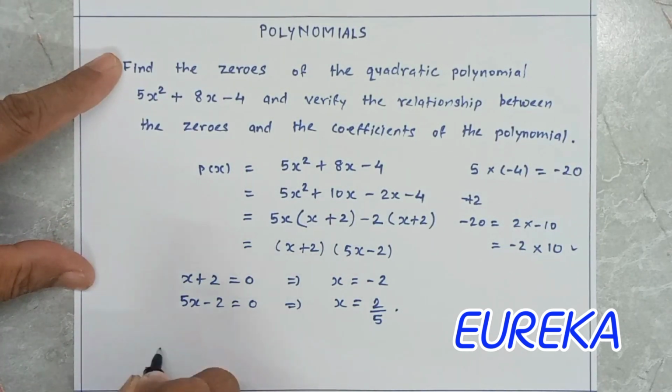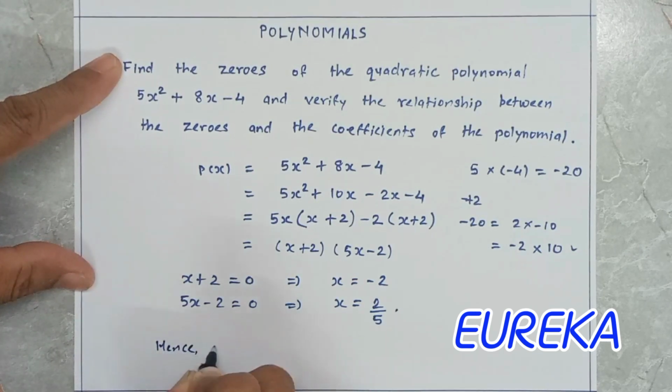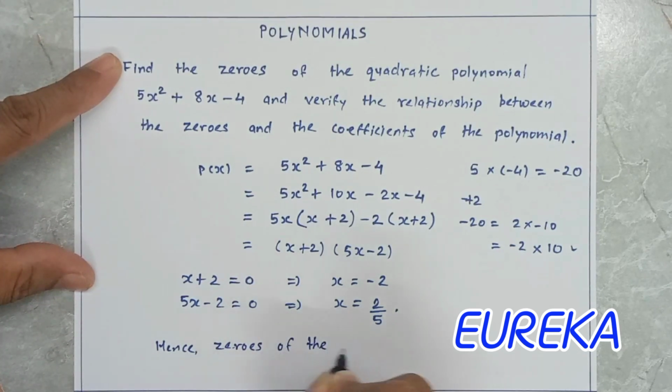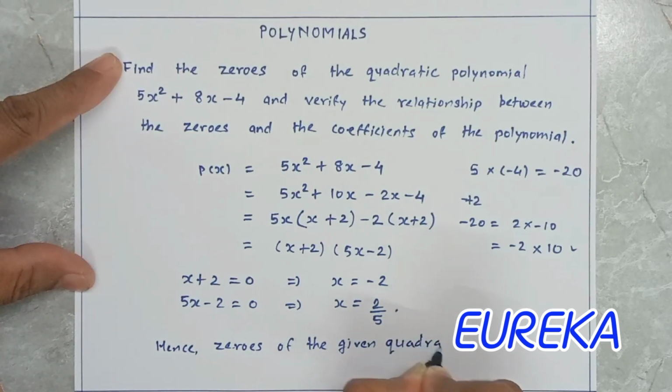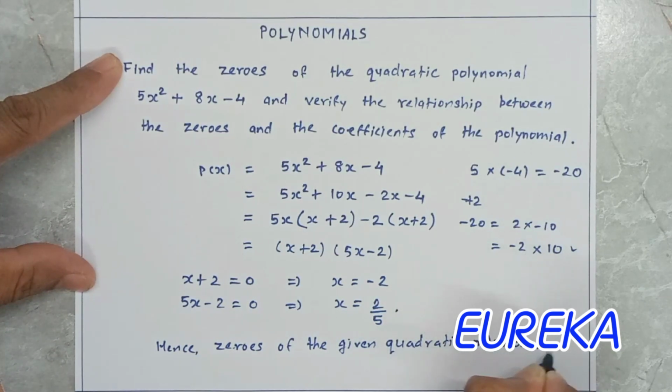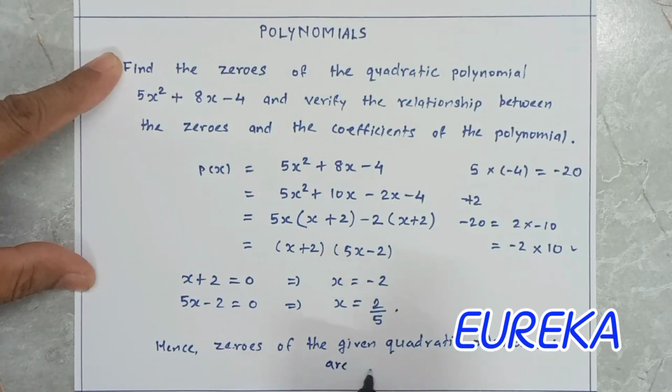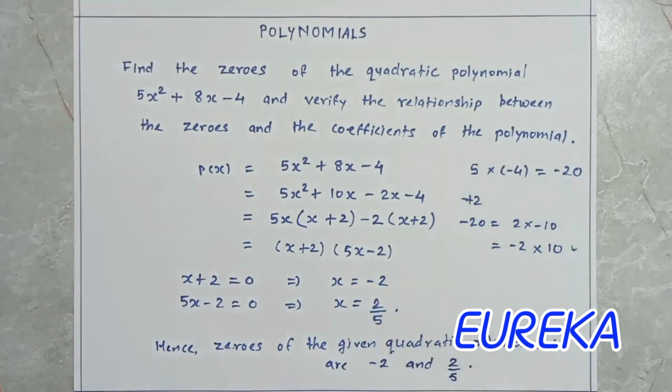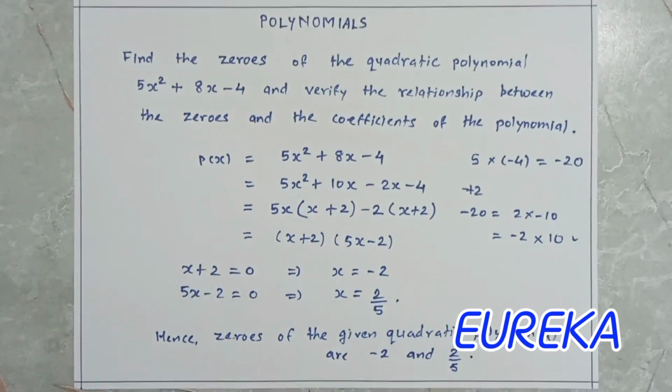Hence the zeros of the given quadratic polynomial are minus 2 and 2 by 5. Is it very clear? So we got the two zeros, minus 2 and 2 by 5, and why does it have only two zeros? Because it is a quadratic polynomial. Quadratic, degree 2, means two zeros.